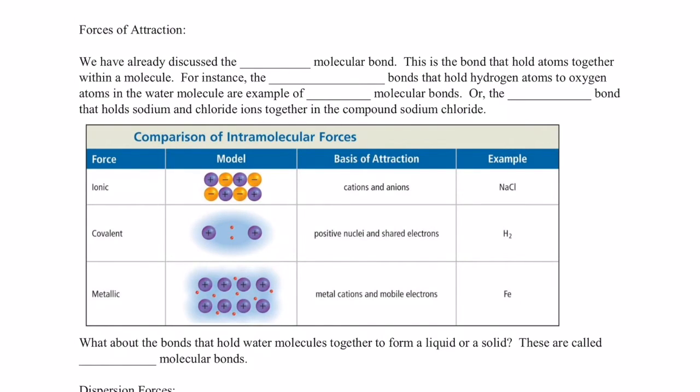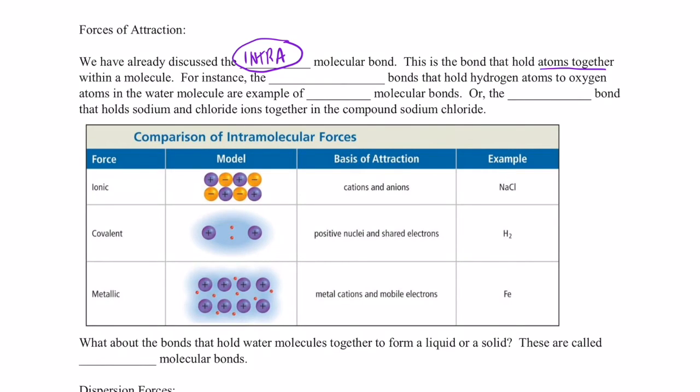So we've already discussed the intramolecular bond. This is the bond that holds atoms together within a molecule. So do you remember when we did ionic bonding and covalent bonding? We drew Lewis structures. We talked about shared pairs of electrons. Okay, those are all intramolecular bonds.